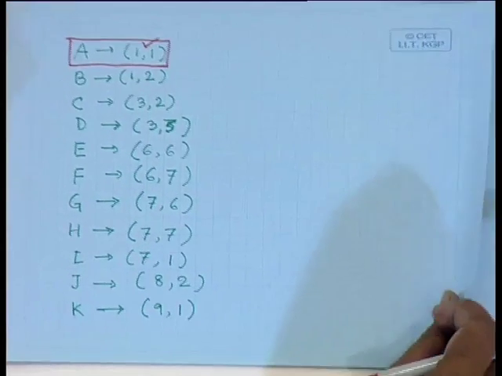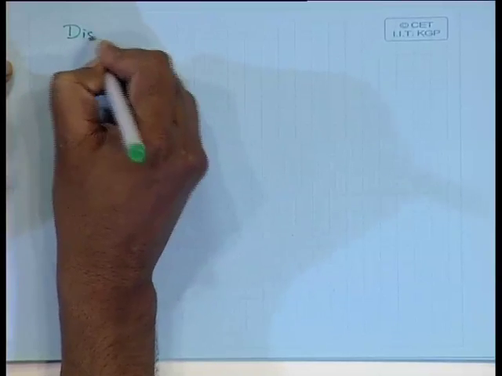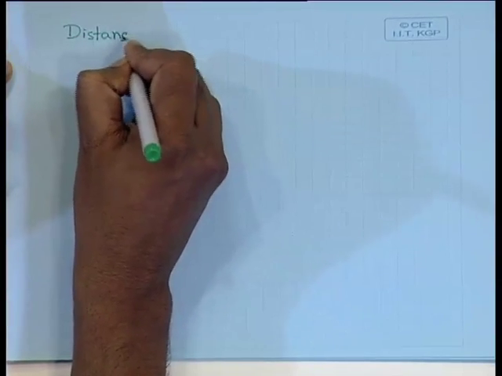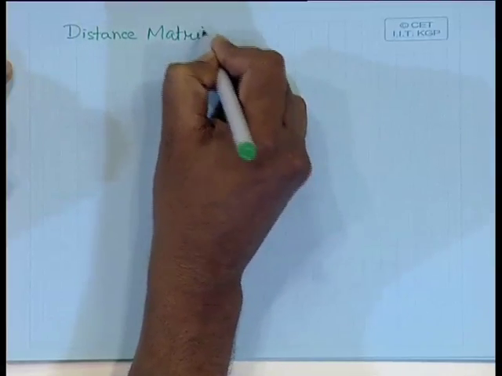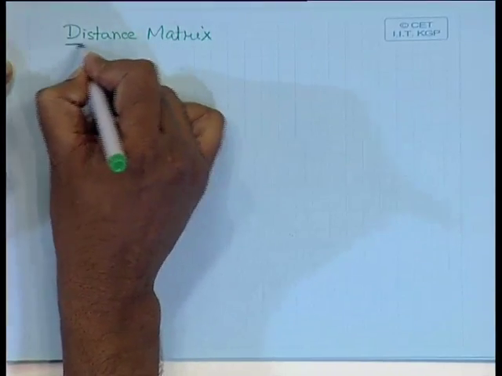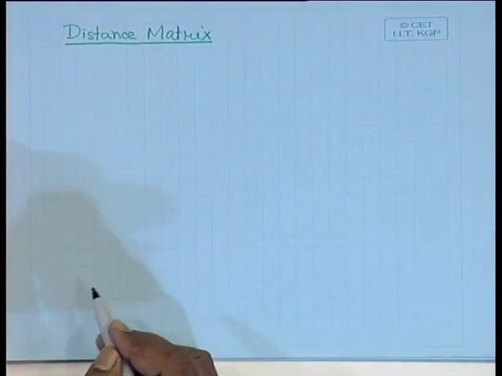Okay. So, what I will form is a distance matrix to compute the distances between every pair of feature vectors. Okay.